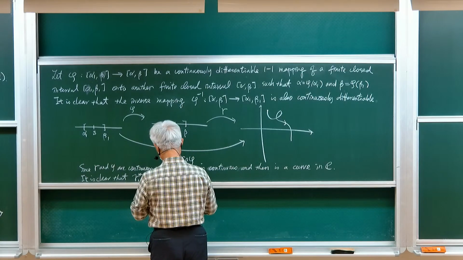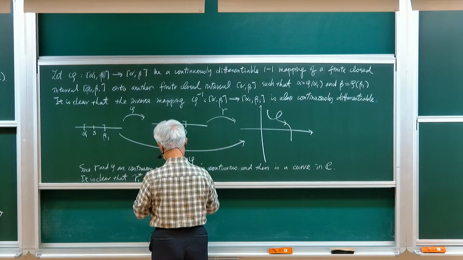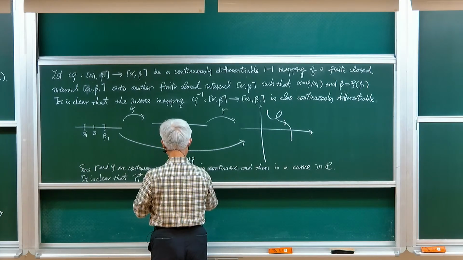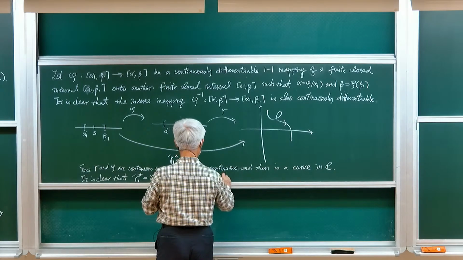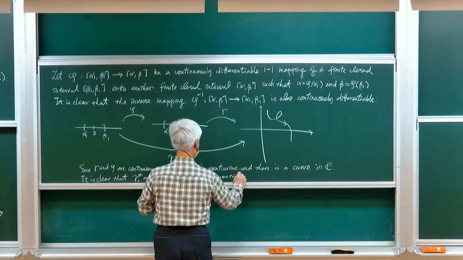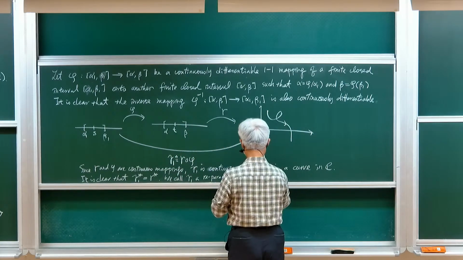All right, so we call gamma 1 a reparametrization of gamma.